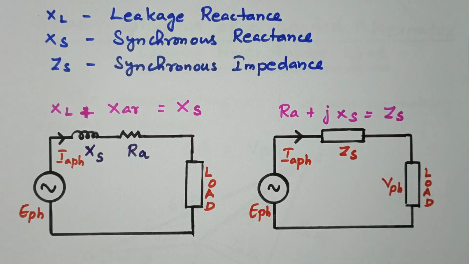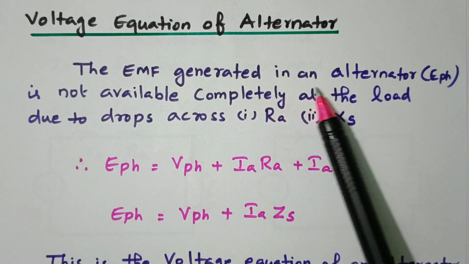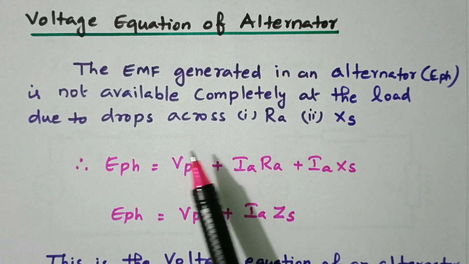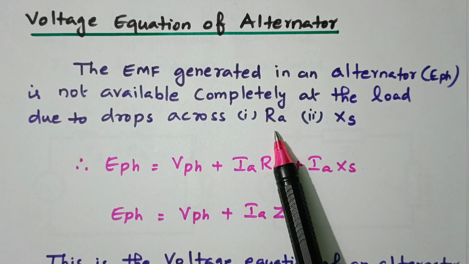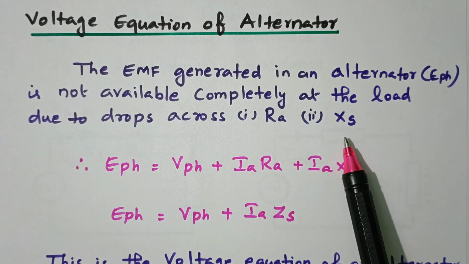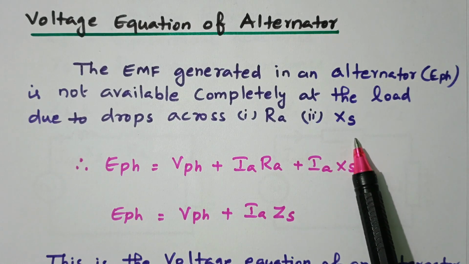Now we'll see the voltage equation so that we are able to understand the phasor diagram easily. The EMF generated in an alternator, E phase, is not completely available at the load due to the drop across RA, the armature resistance, and XS, the armature synchronous reactance.